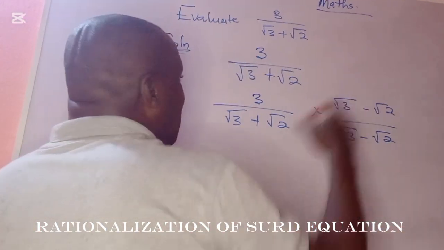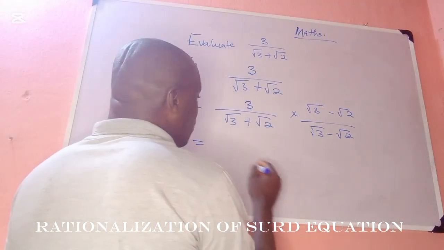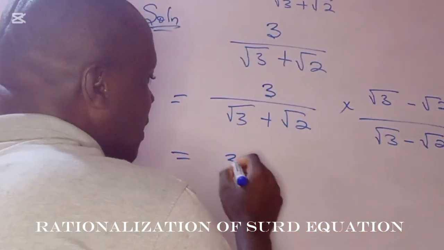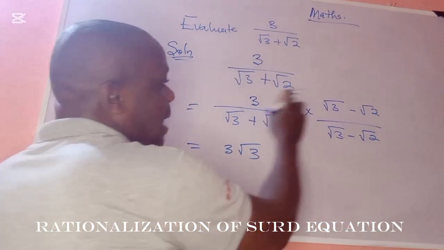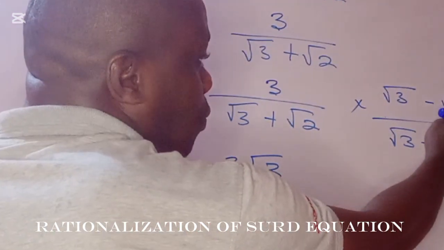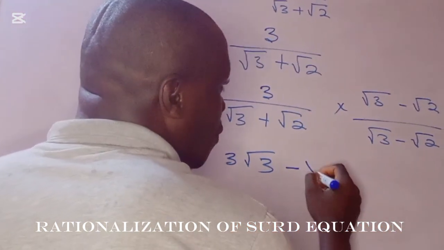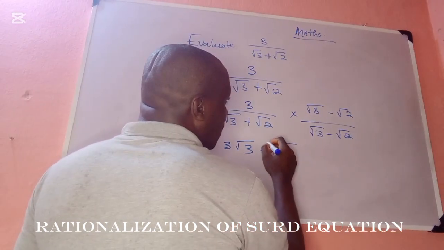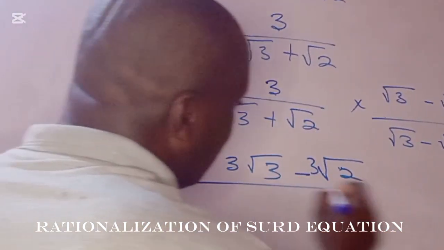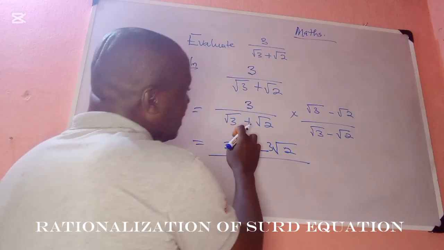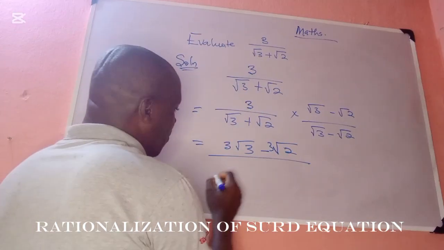So at this moment, we multiply the numerator and the denominator. If we multiply the numerator, we now have 3 times root 3, which is 3 root 3, then 3 times minus root 2, which is minus 3 root 2. Then for the denominator, root 3 times root 3 will give us 3.